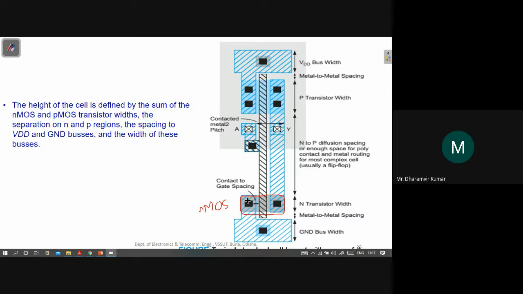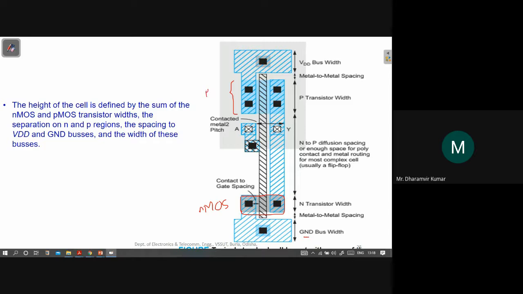This one represents either source or drain, and this one also represents either source or drain. Now this is the source which is connected to ground. This is the ground bus, so this is the contact between the source and the ground, and this is the drain of the NMOS.